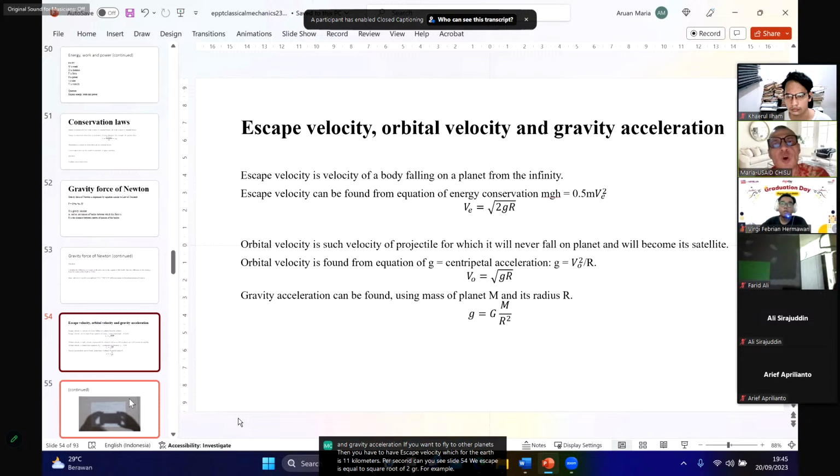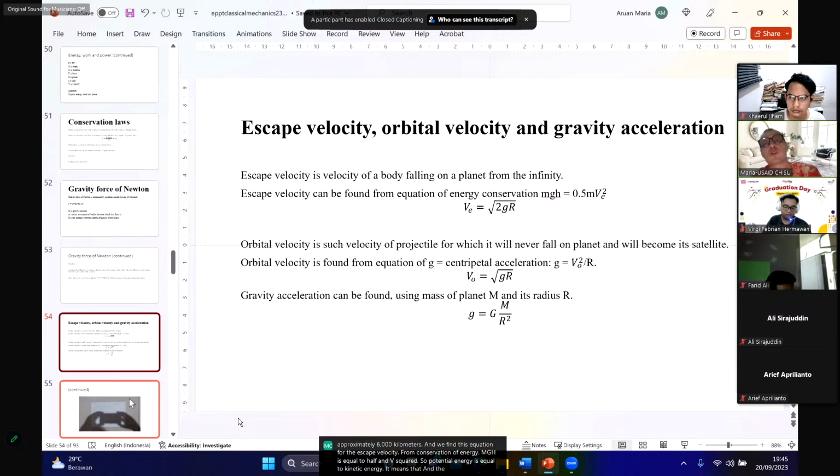For example, for Earth, g is approximately 10 meters per second squared, and the radius of the Earth is approximately 6,000 kilometers. And we find this equation for the escape velocity from conservation of energy. mgh is equal to half mv squared. So potential energy is equal to kinetic energy.